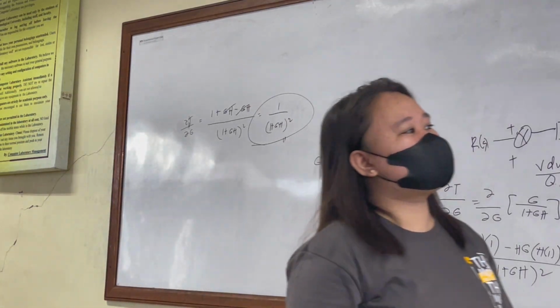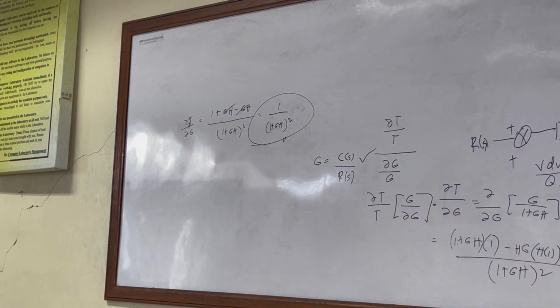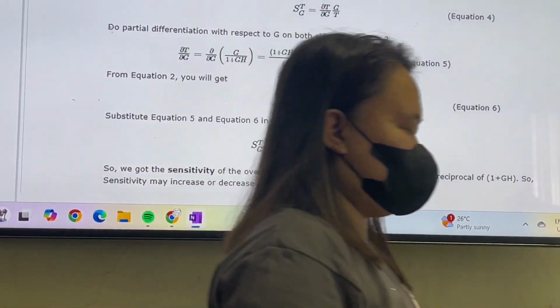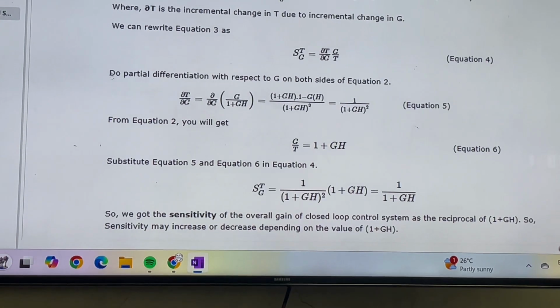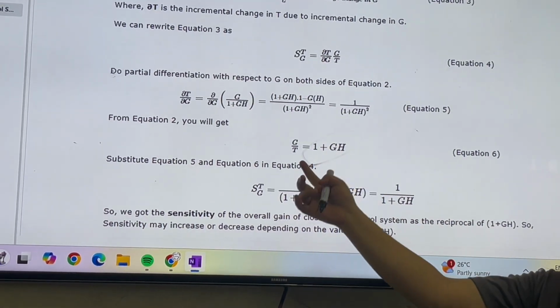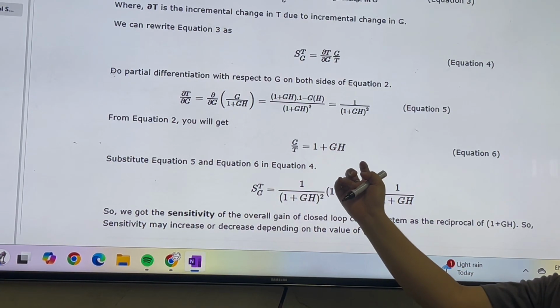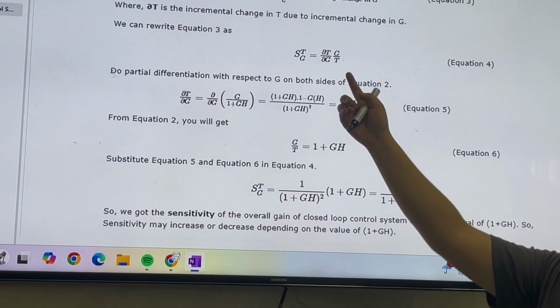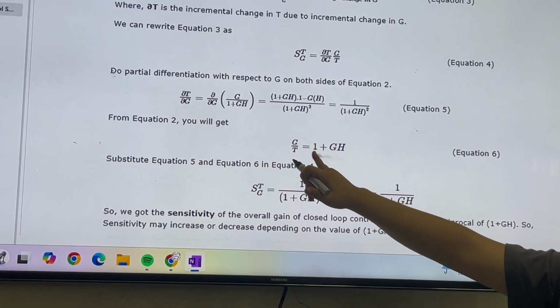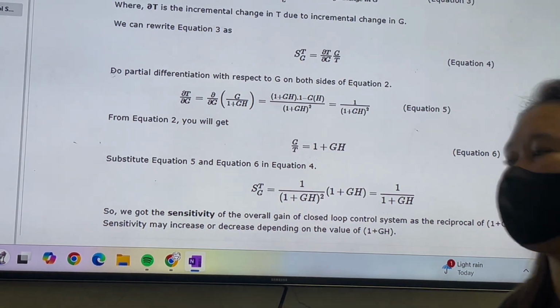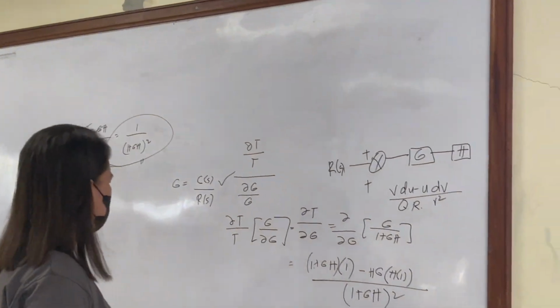Okay? Now since we have this, and we have our characteristic equation, we have the denominator for our negative feedback. And 1 plus GH, that is our G of T. Muna siya, denominator na siya plus.